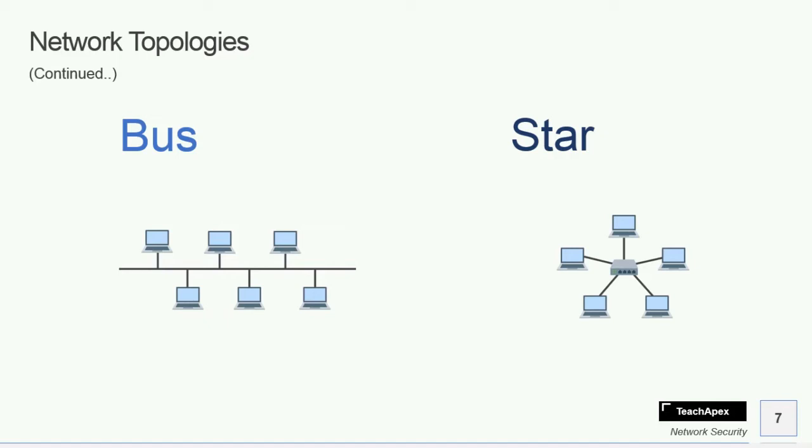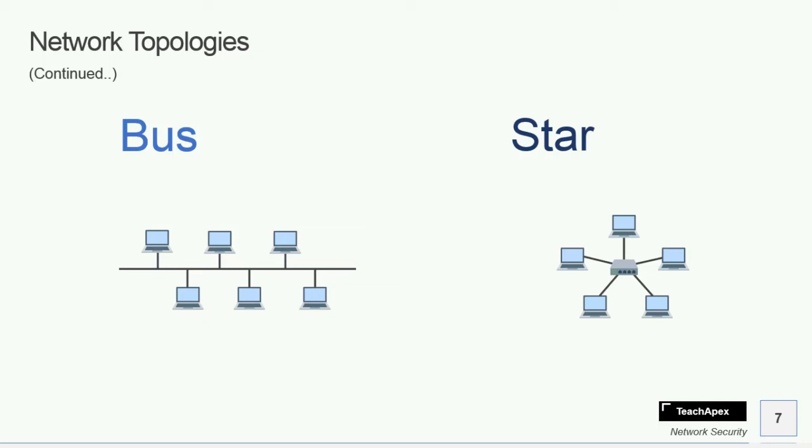Bus topology is a type of network where every device is connected to a single cable which runs from one end of the network to the other. Bus topologies are used in smaller networks because all devices are connected to a single cable, so you don't need to manage a complex topological setup. It's cost effective because they can be run with a single cable.